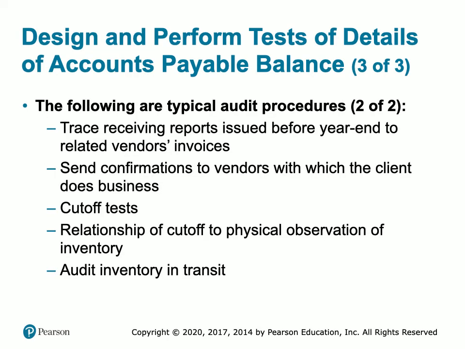Another thing to check is open receiving reports and open purchase order reports. Again, a great thing to do with computer assisted audit techniques. You can scan those things and see if there are unusual or large items, and then go see if those should have been accrued.